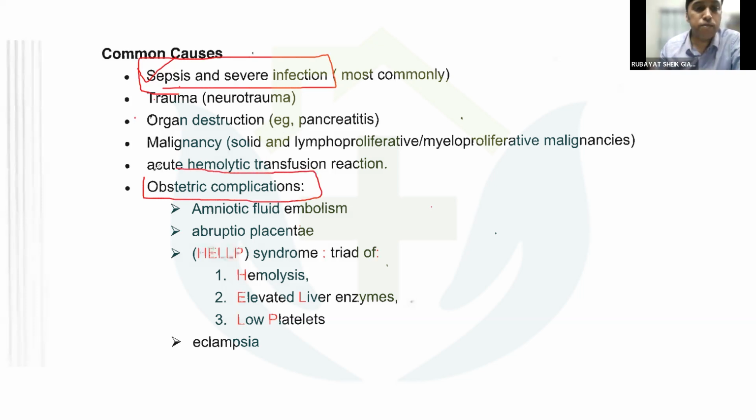They will put some sort of obstetric complication followed by bleeding and having those lab readings that we just saw. It can also be a case of pancreatitis, can also be a case of malignancy. So you will have a background of these conditions followed by bleeding, and then you will have those lab results that will help you diagnose DIC.